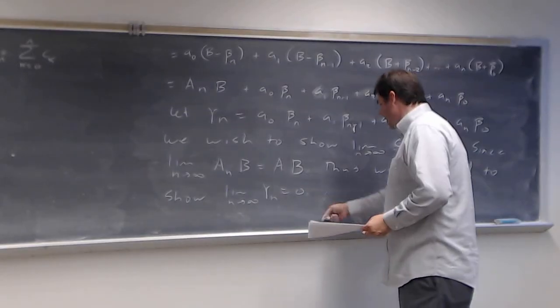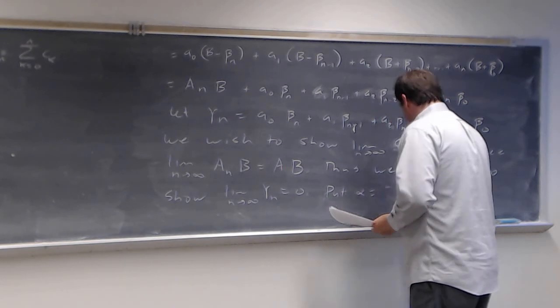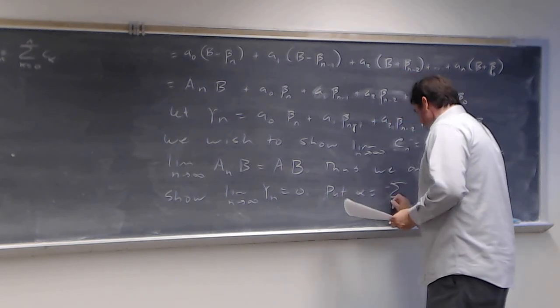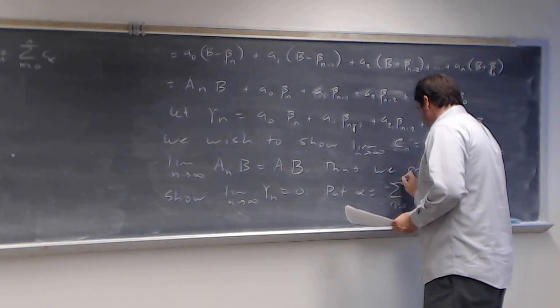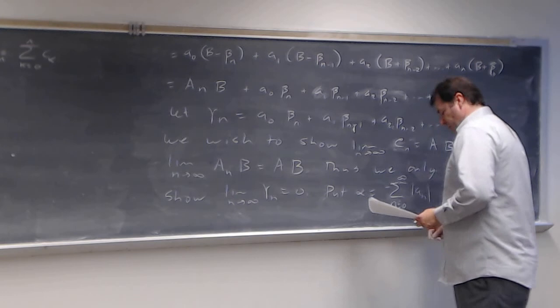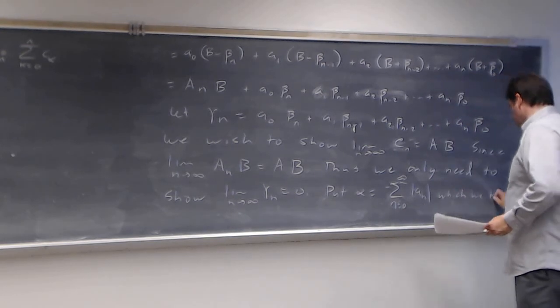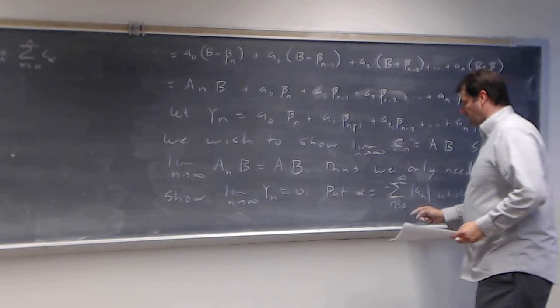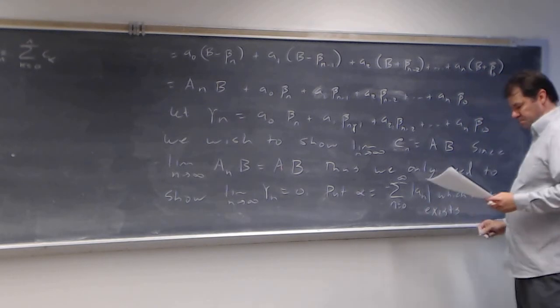Okay. Well, in terms of a little bit more notation, we're going to put alpha equal to the series, n runs from 0 to infinity, of the absolute values of the a sub n's, which we know exists as a number.